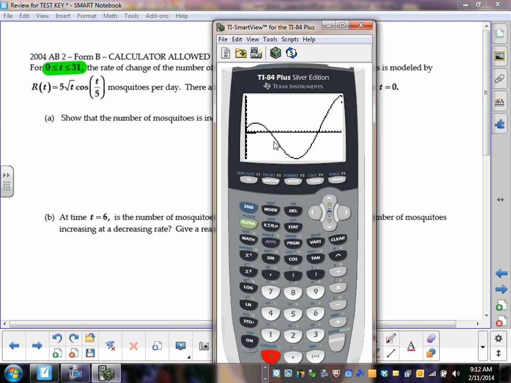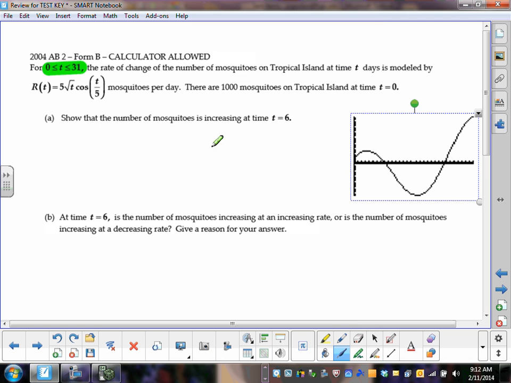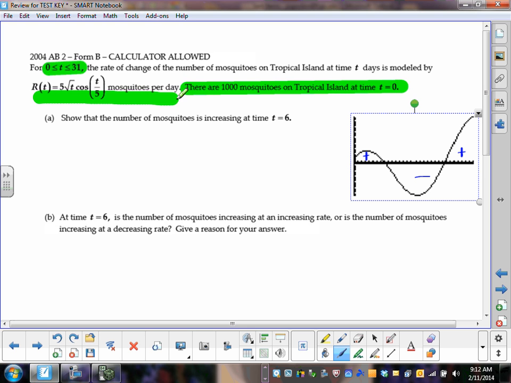Okay, so this is actually the overall rate. You see the 0 going across because I might want to find zeros later. That gives you an idea of when we're gaining, losing, and then gaining mosquitoes. Okay, notice there are initially 1,000 mosquitoes, and this is the rate in mosquitoes per day.